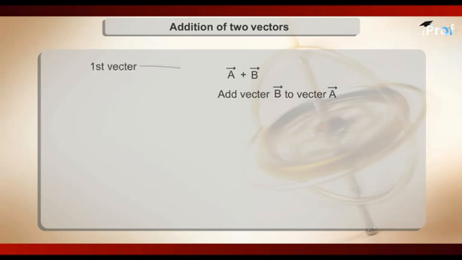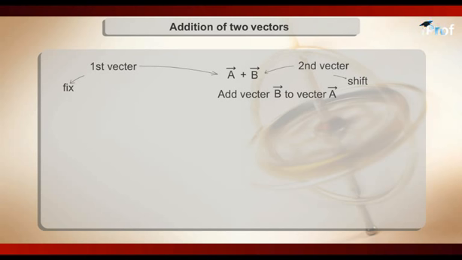This is the first vector. This is the second vector. Keep the position of the first vector fixed and shift the second vector.